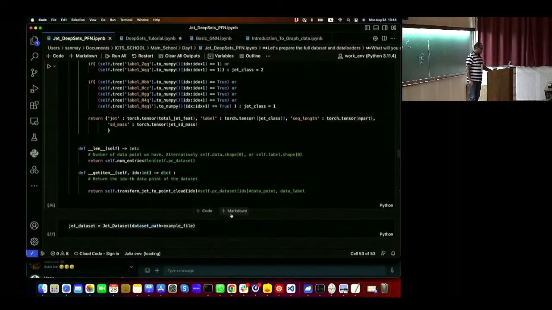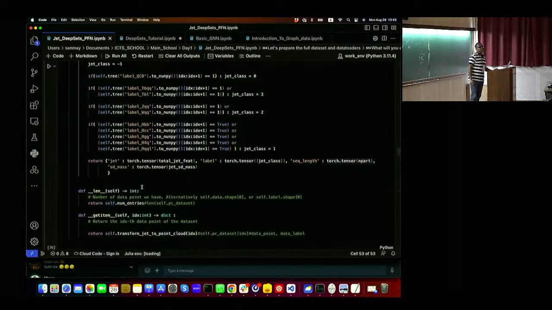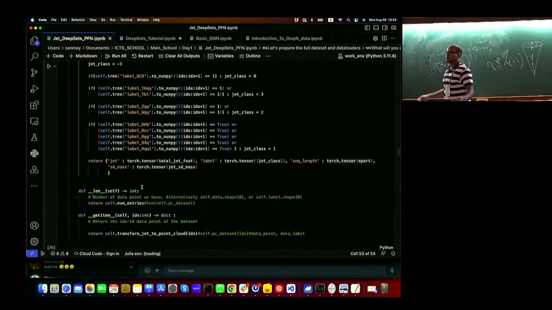But here I want you to use the soft drop mass, the SD mass, as the target, and you will do a regression problem. Okay, so you will have a jet, you will feed it to a neural network like this, and it should give as output the soft drop mass.